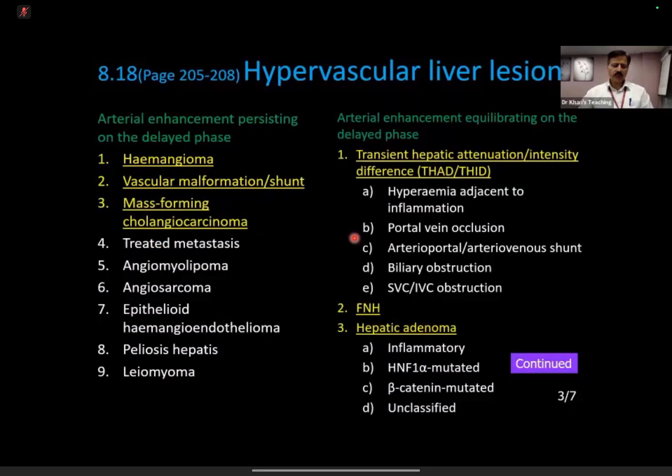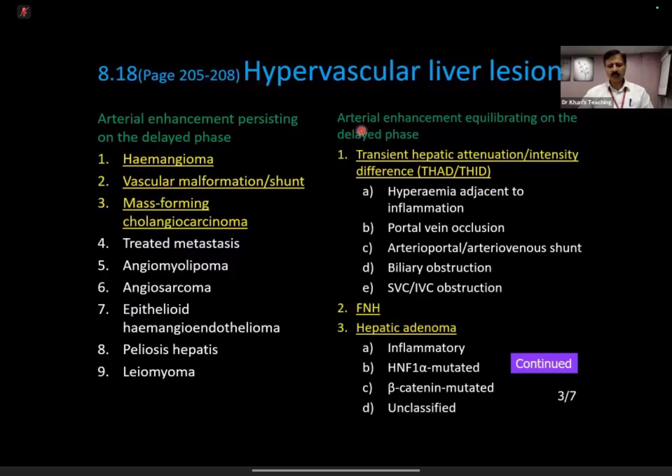Now, in your Chapman is this differential diagnosis, which is hypervascular lesions in the liver. This is 8.18. And if you see the subheadings, arterially enhancing lesions which persist on delayed phase. Now, a huge list there, and you get a bit intimidated, it's difficult.